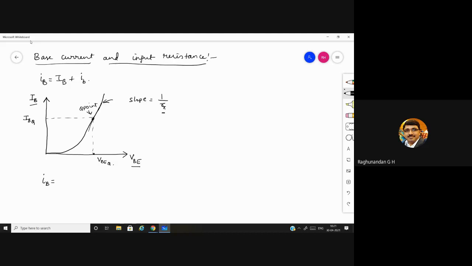Can you give me a relationship for instantaneous base current and instantaneous collector current? Small i_B is equal to small i_C by beta. This is the equation which we have. It is similar: I_C is equal to beta I_B. The same thing we have written like this. Now, for instantaneous current, in the last topic, we have already obtained an equation.